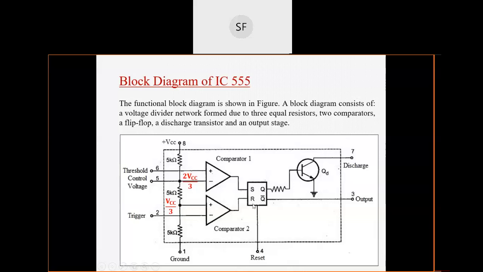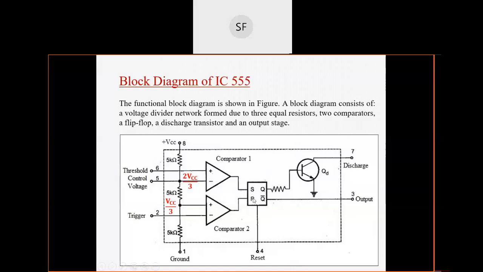This rectangle is the SR flip-flop. We will see what a flip-flop is in unit number 4. For now you can understand that this flip-flop is a digital circuit with two inputs and two outputs. When S is 1, that is S is the input and S is high, then your output Q will be 1.